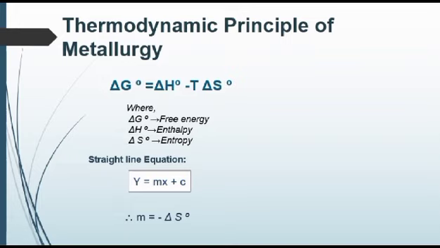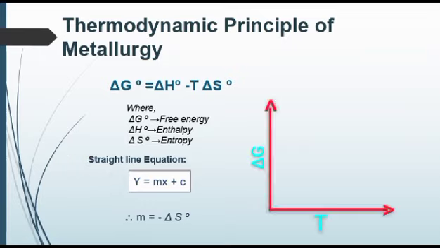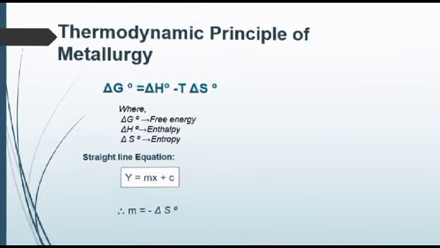And this equation is similar to the straight line equation, that is y equal to mx plus c. So, if you plot delta G naught along y-axis and T along x-axis, you will get delta H naught as intercept and minus delta S naught as a slope. This graph is called Ellingham diagram.